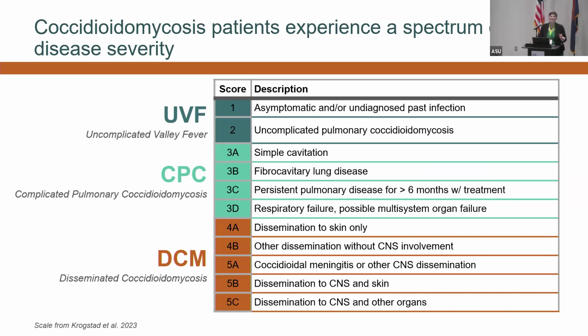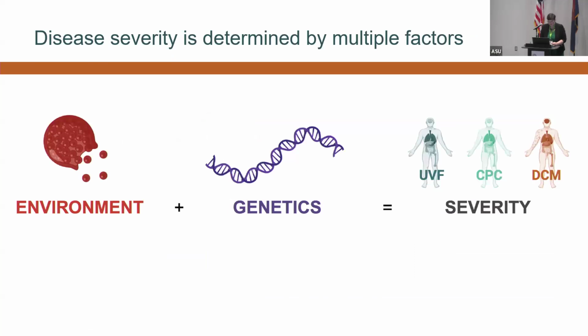So cavitation, having a chronic disease that's not resolving quickly, or even respiratory failure would fall into that category. And finally, disseminated coccidioidomycosis, which is any kind of dissemination to the skin, to any organ, bone, and then of course, coccidioidal meningitis.